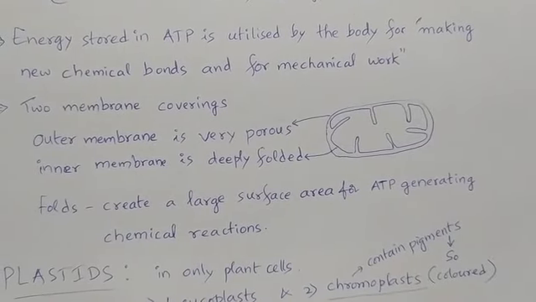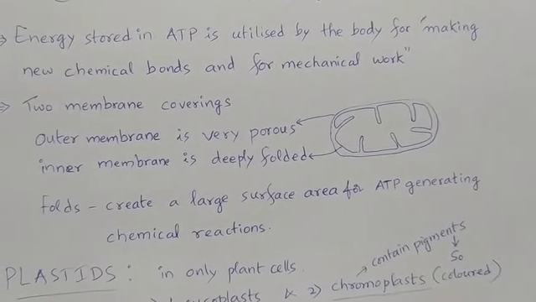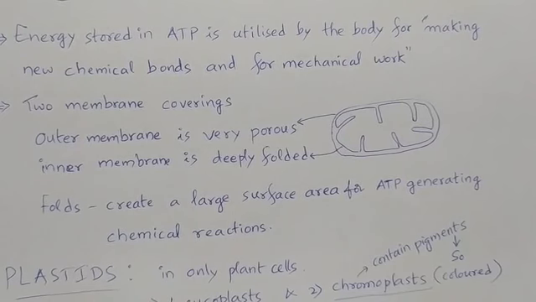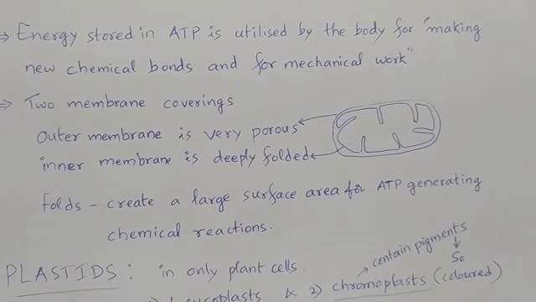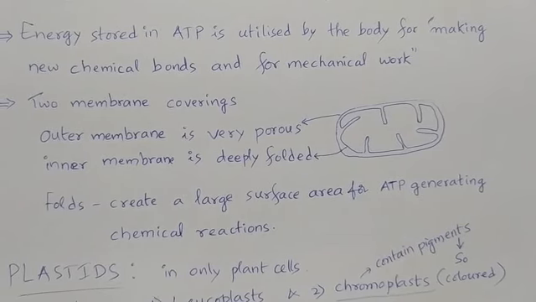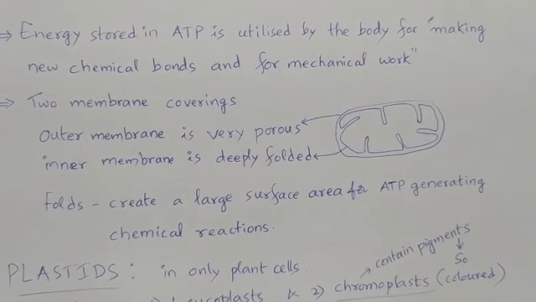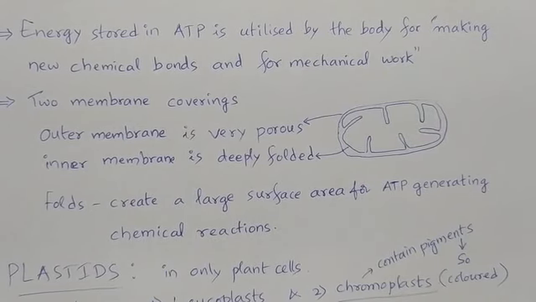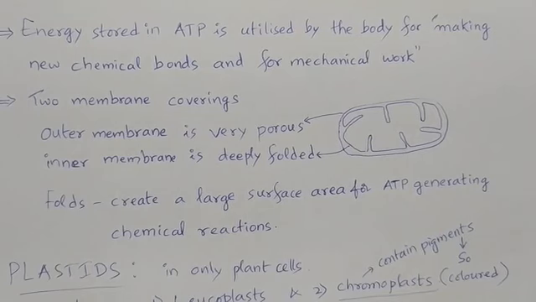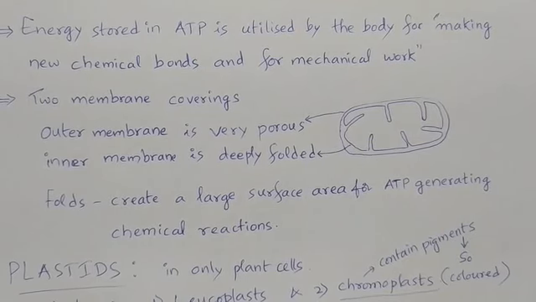These folds create a large surface area for ATP generating chemical reactions. We have just learnt that ATP is generated from mitochondria. So these ATP generating chemical reactions take place in the inner membrane.